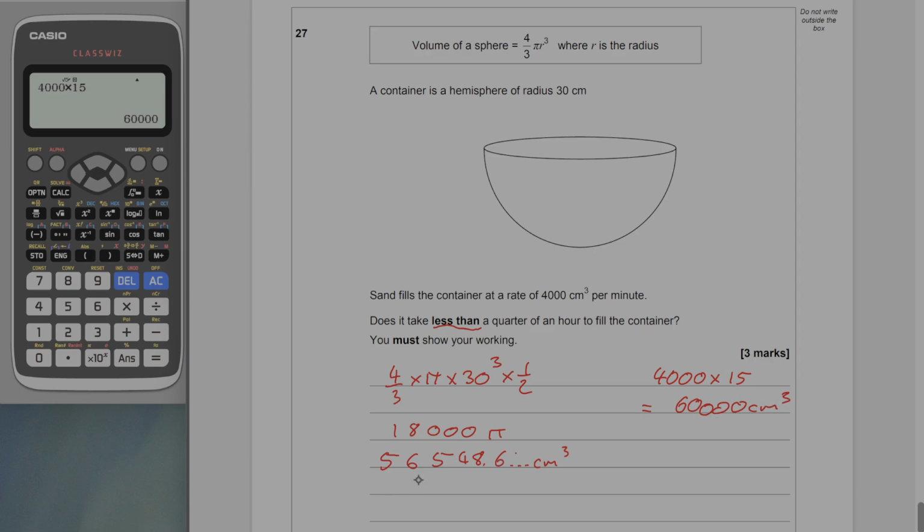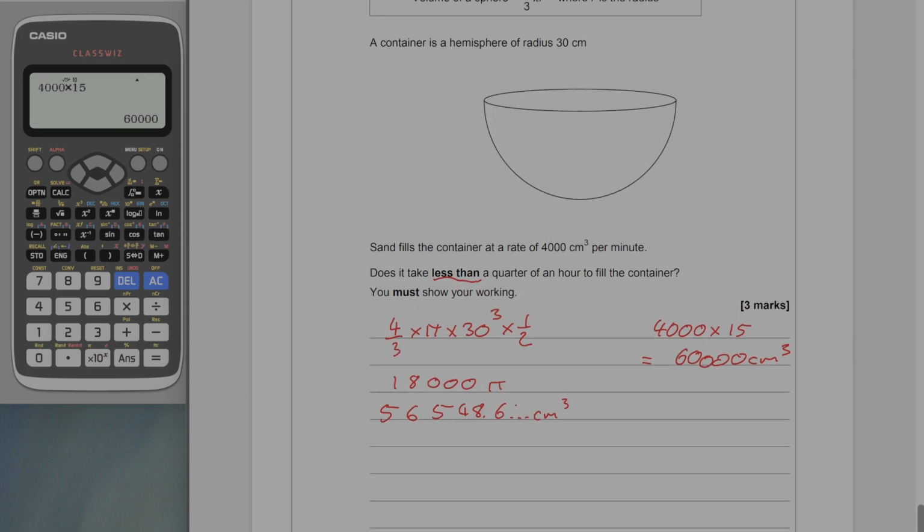So would he have filled the hemisphere? Yes. You must show your working. I'm going to go here. Yes, as 56,548.6 ... is less than 60,000. So yes.